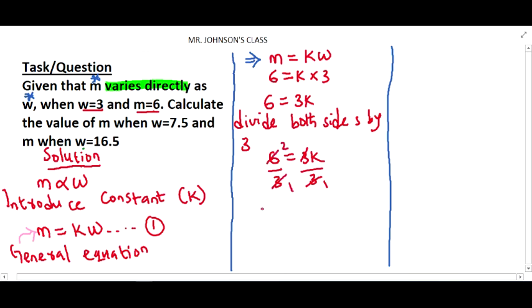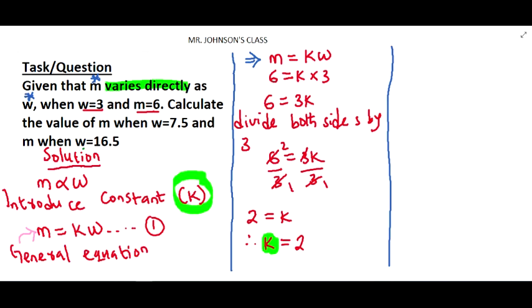So 2 equal to K. Therefore K is equal to 2. Remember we said that K is our constant, so the value of our constant in this particular question is 2.